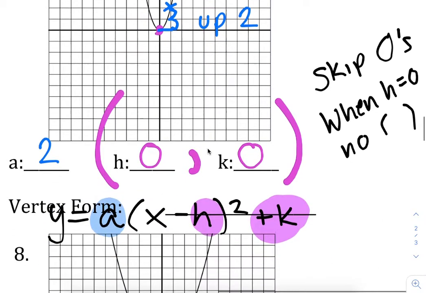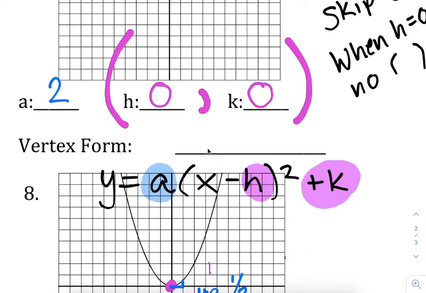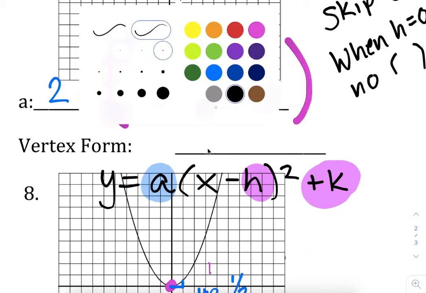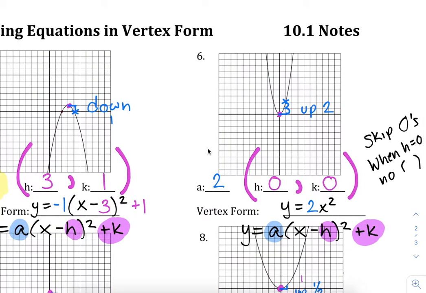If this is my normal formula, and I don't need the zeros and I don't need the parentheses on this problem, then all I have to write down is y equals 2, and then I still have to have my x and my squared. If you would like to just get in the habit of memorizing, if your graph starts at the origin, 0, 0, there's no parentheses and no plus and minus. Okay, that's an easy way to remember it. So one more time, this is your final answer on number 6.